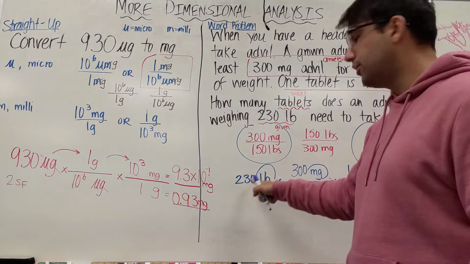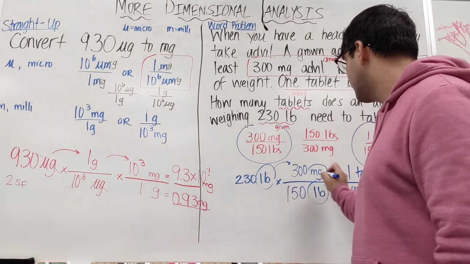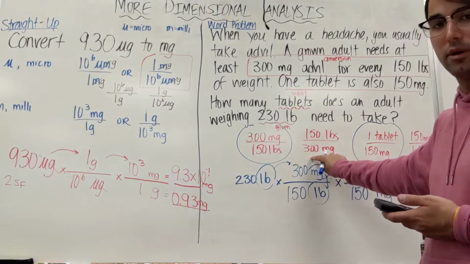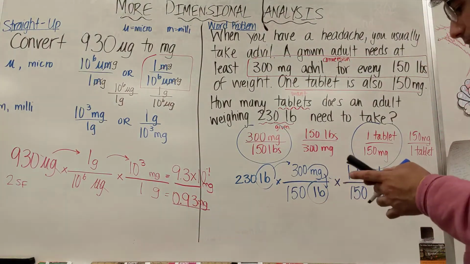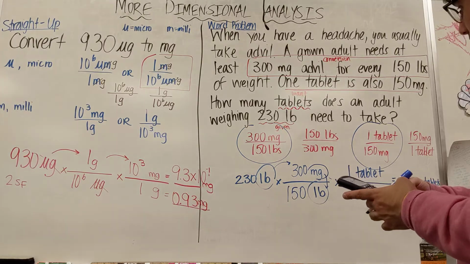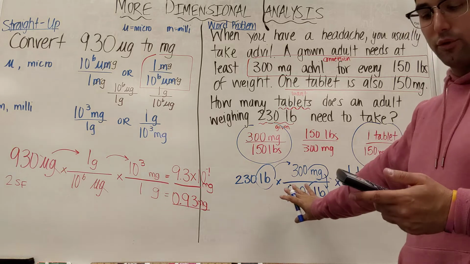So I'm going to do 230 times 300 divided by 150. That's how you do dimensional analysis: you multiply by the top number, divide by the bottom. 230 times 300 divided by 150 gives me a number, which is 460.